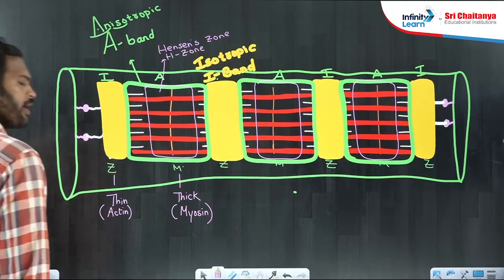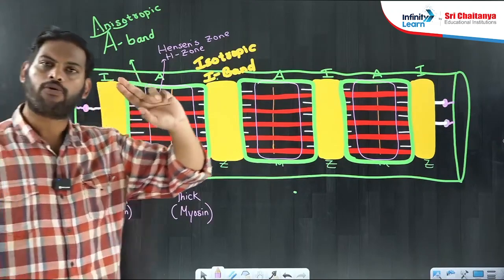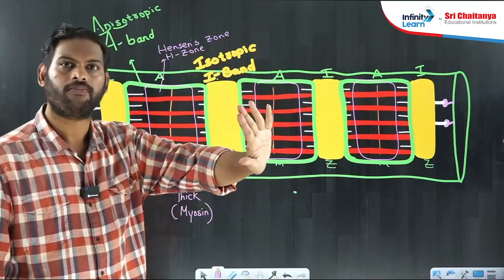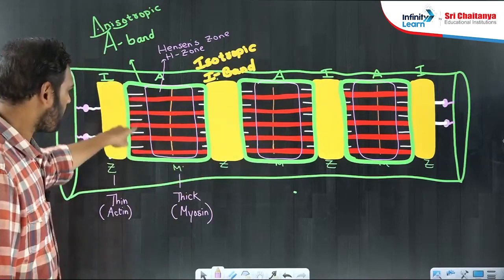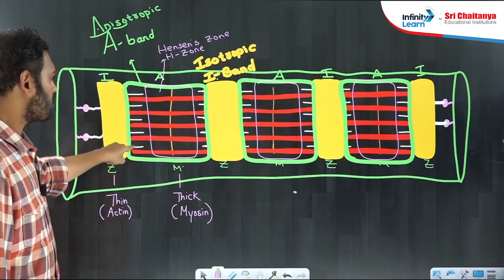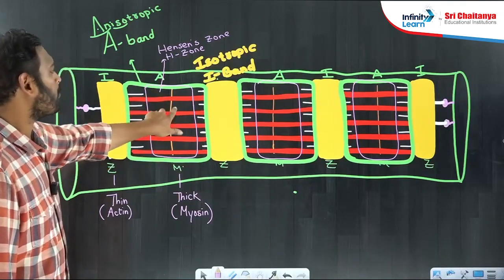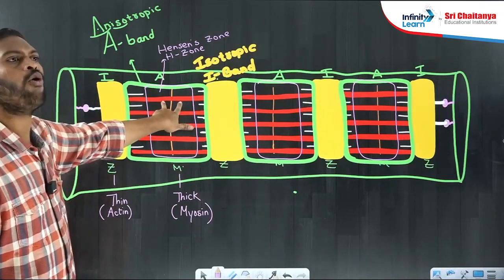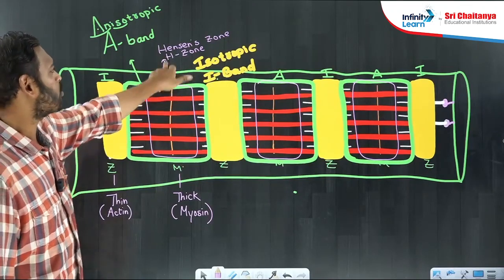So guys, I'm telling you again, A band has got both actin and myosin, and some part of myosin was in overlap. Some part of myosin was not in overlap. The part where there was no overlap with thin filaments is called the H zone.